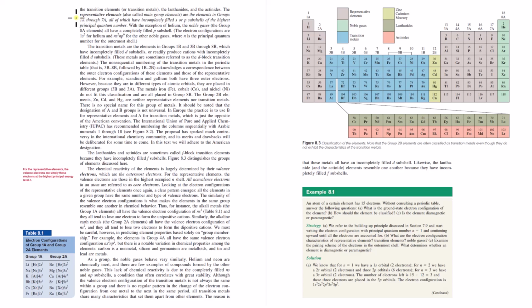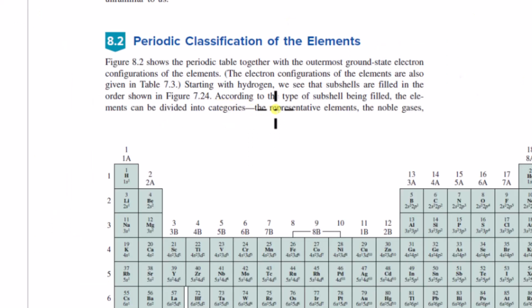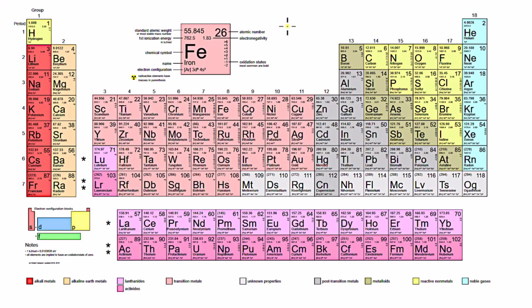So the representative elements, the category they're referring to in that case is, so when we're thinking about these categories, they mentioned, let's come back here, it said according to the type of subshell being filled, we put the elements into categories. So what are they talking about there? What they're talking about is the last subshell being filled, the subshell that's going to have incompletely filled or partially filled orbitals.